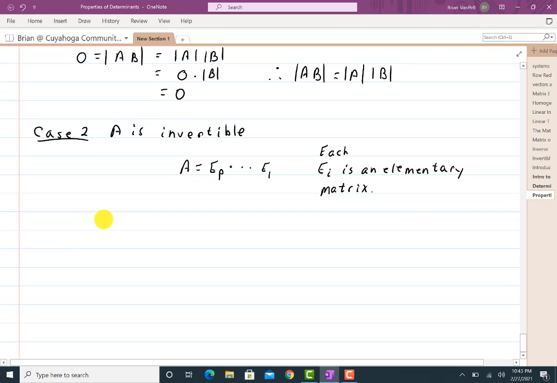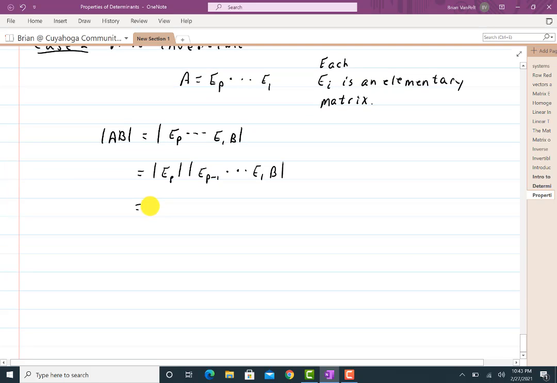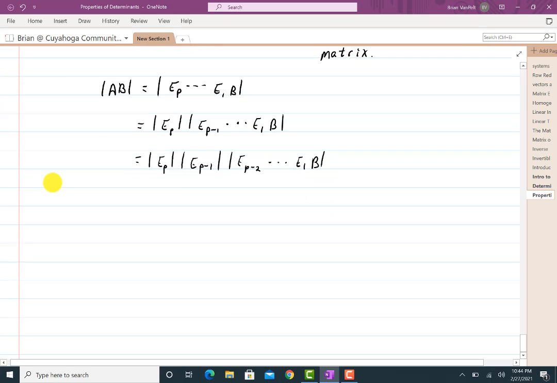And we'll play the same game as we did before. Now, each of those elementary matrices, we know we can pull them out one at a time. We've done this process a few times now. So according to the work we've done before, I can do this again and again and again. Keep going until I get all the way down to B.